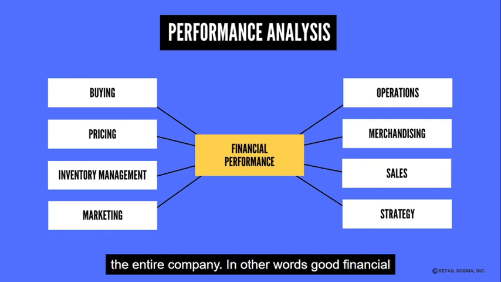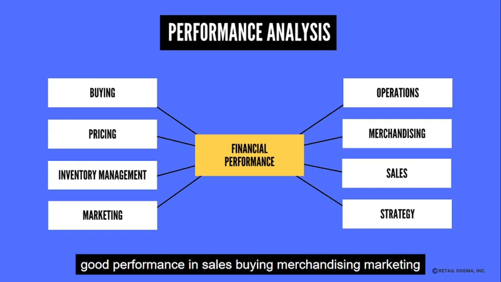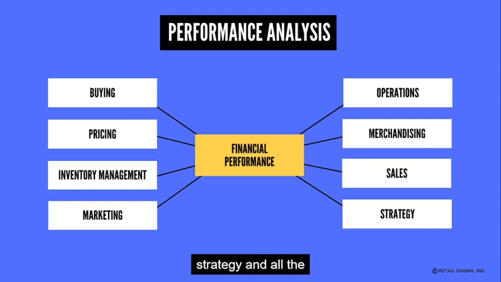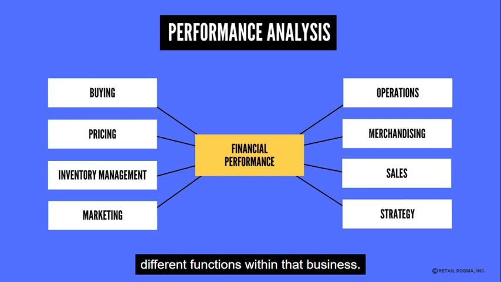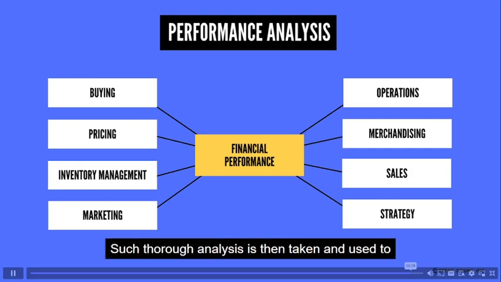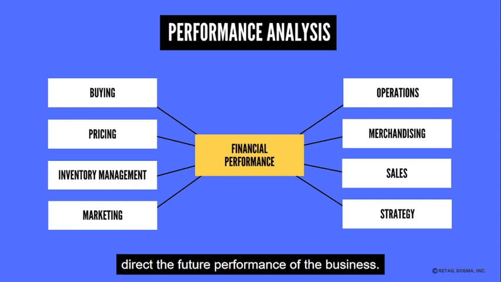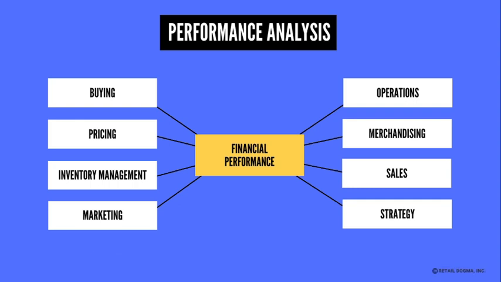In other words, good financial performance for any retail business is driven by good performance in sales, buying, merchandising, marketing, strategy, and all the different functions within that business. Such thorough analysis is then taken and used to form future short and long-term plans and strategies to direct the future performance of the business.